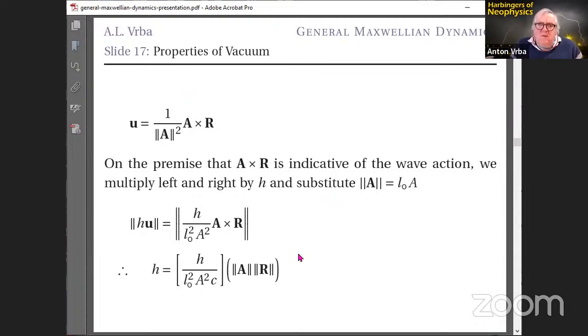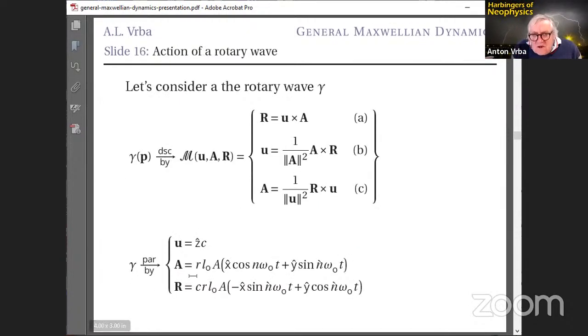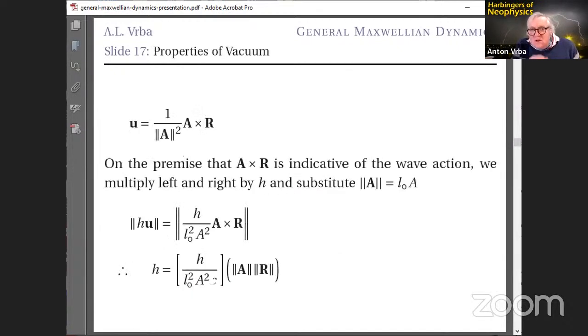Again, one of our equations is U equals 1 over the norm of A squared, A cross R. On the premise that A cross R is indicative of wave action, we multiply the left and right hand side and substitute that. We now consider R equals 1 because we're working in quantized units, which is why it is omitted here.